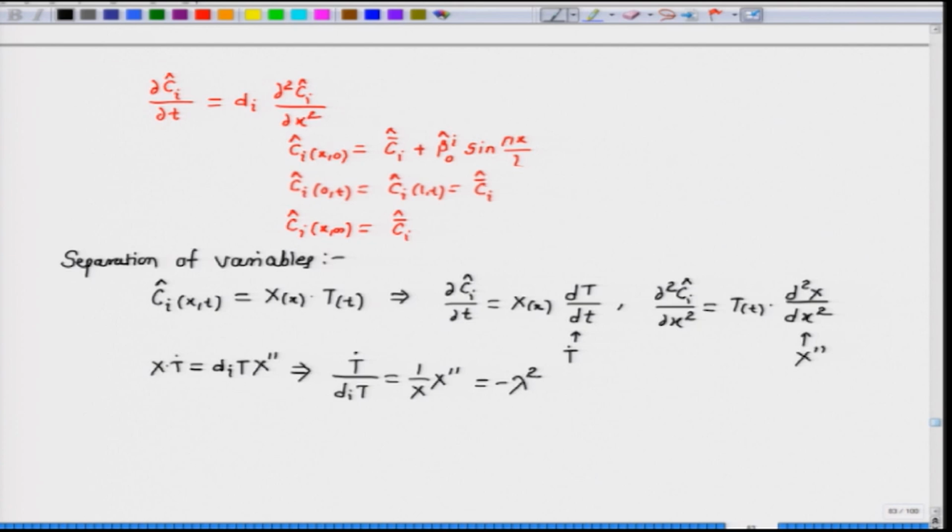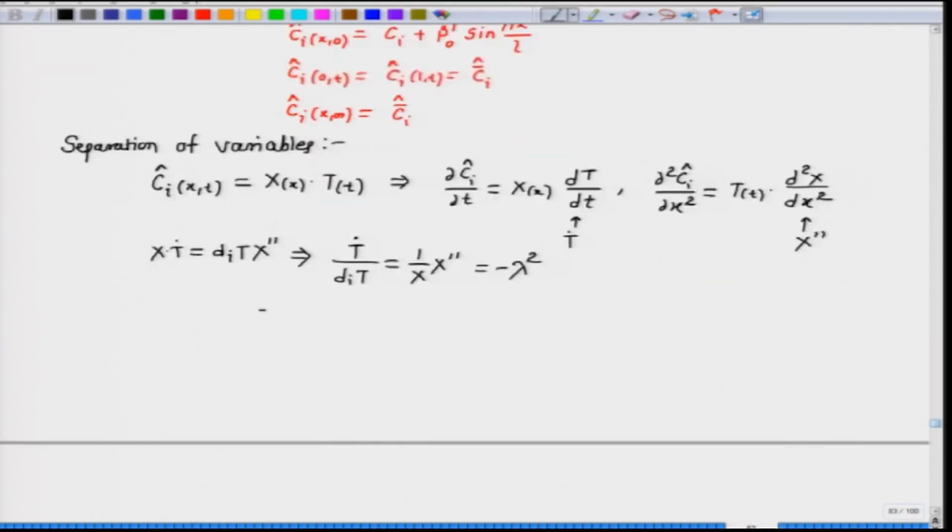So we basically get two ordinary differential equations, one only in t, the other only in x, and those I can write as T dot plus di lambda square T equal to 0 and X double prime plus lambda square X equal to 0.